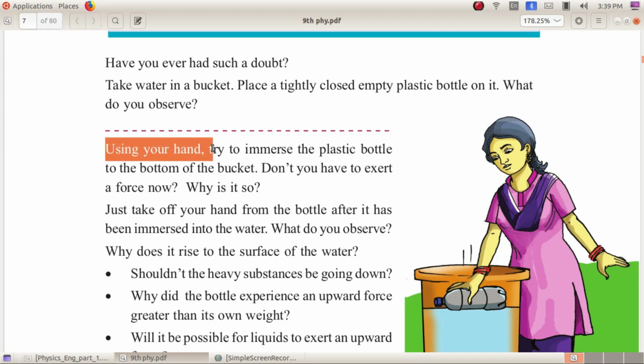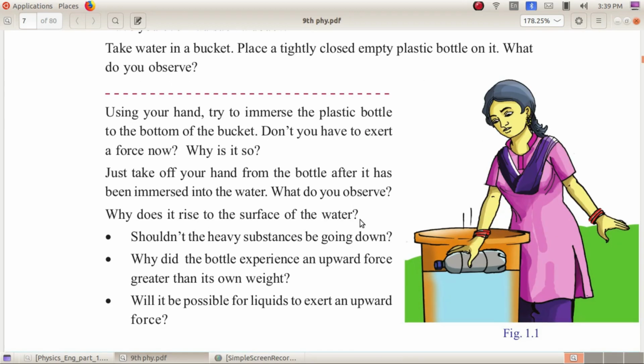Now, using your hand, try to immerse the plastic bottle to the bottom of the bucket. If we push the plastic bottle to the bottom of the bucket, then what can we see? We can see that the plastic bottle returns to the top surface.